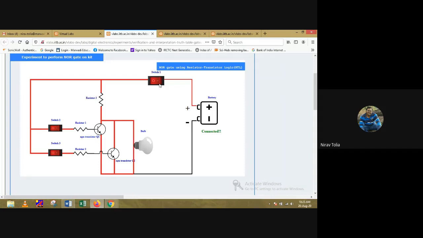So just switch on the switch 1, your output will be 0, because the inputs of the two transistors are 0. So 001. Now 010, 100, and for 11 again it is 0. So this is the NOR gate.